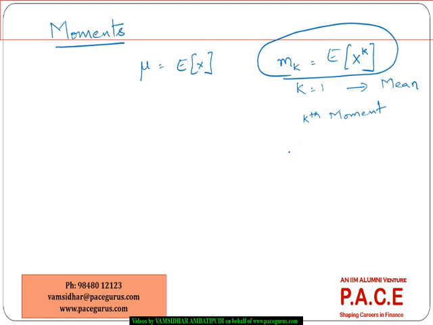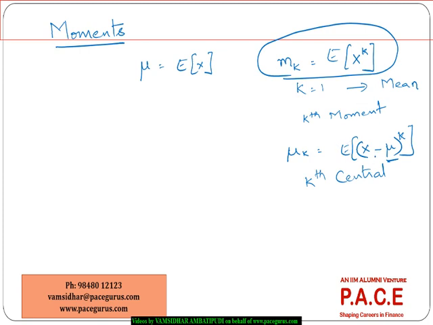Similarly, the other way, we have another representation called mu_k, where I am looking at the expected value of x minus mu to the power k. This is called the kth central moment, meaning I am trying to find the moment with respect to the mean.